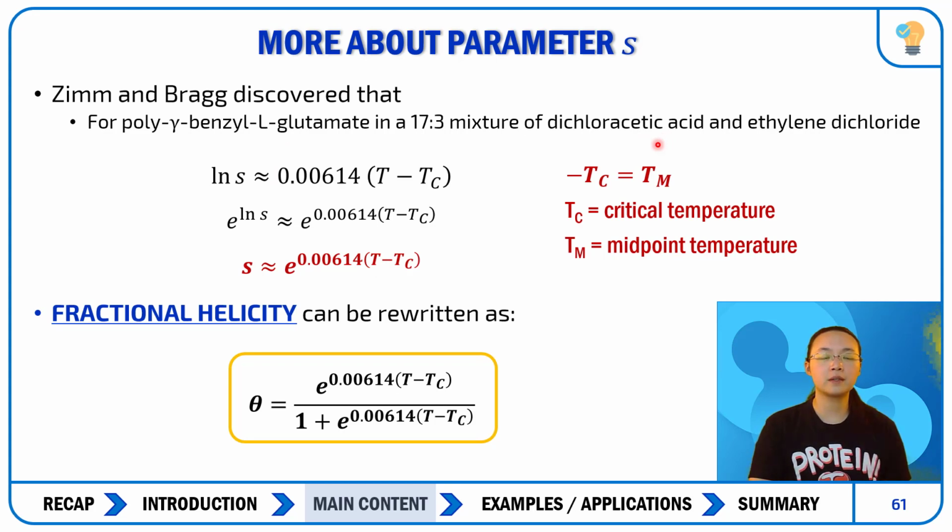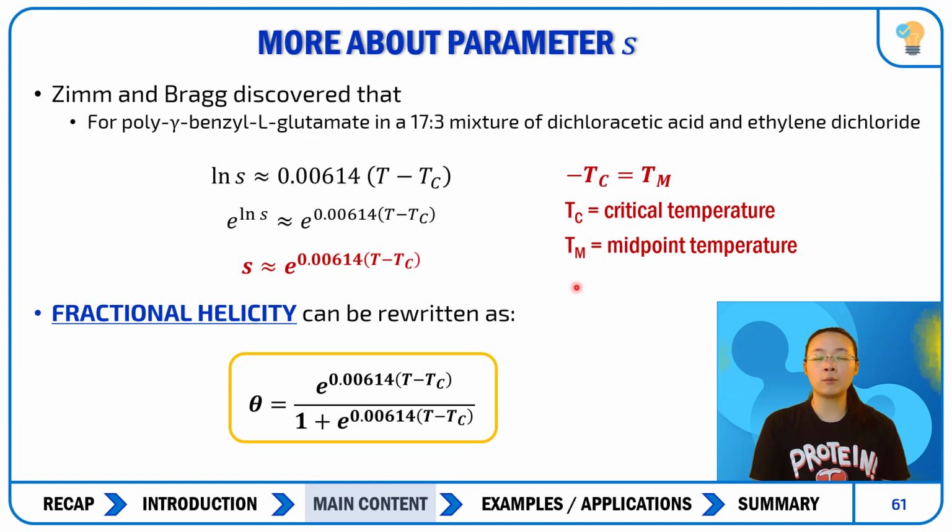So when you have T minus Tc, that's the difference between the temperature and the critical temperature, which is the magnitude of the midpoint temperature. So we're going to go through that in one of the assignment questions, what the midpoint temperature is and how you can actually calculate these.